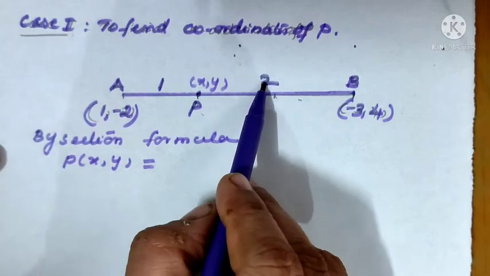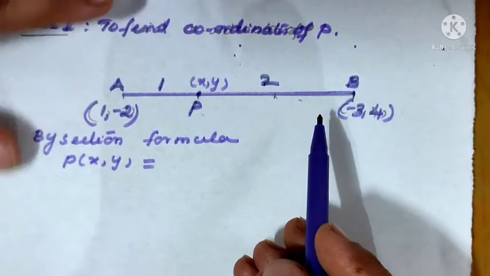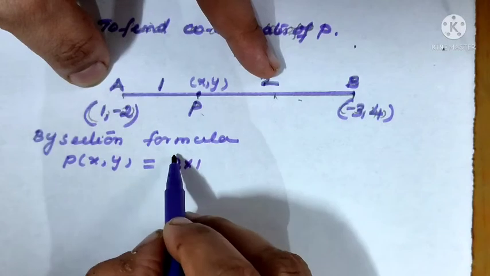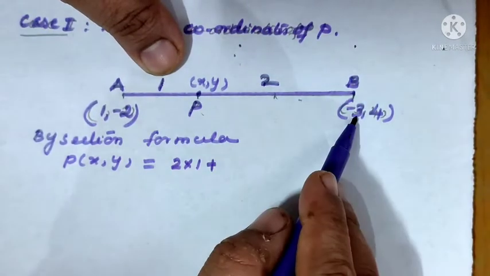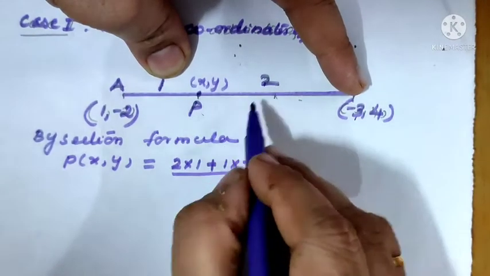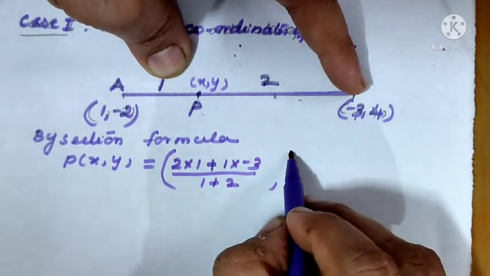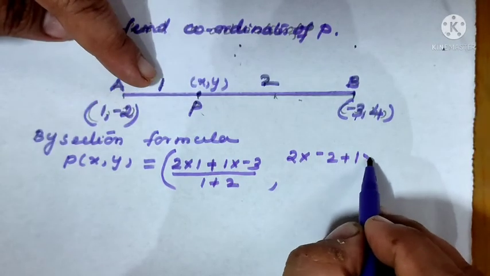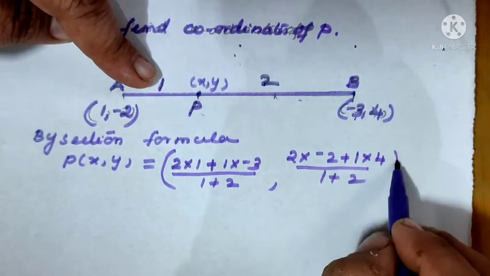We start with the second ratio, so when we write with ratio 2, the coordinate on this side comes first: 2 into 1, plus 1 into the coordinate of the other side, 1 into -3, divided by the sum of the ratios, 1 plus 2. So the x value is completed. Similarly the y value: 2 into -2 plus 1 into 4, the far away coordinate, divided by 1 plus 2.